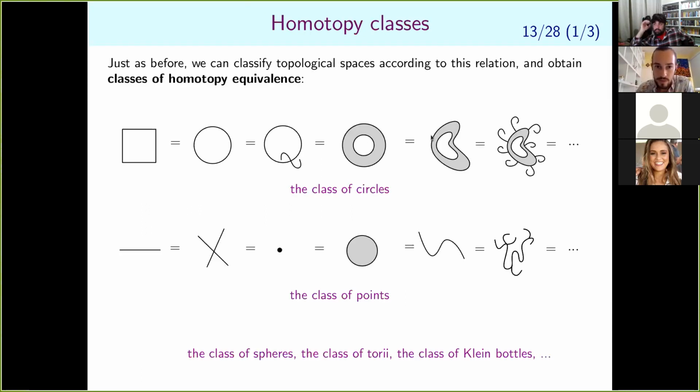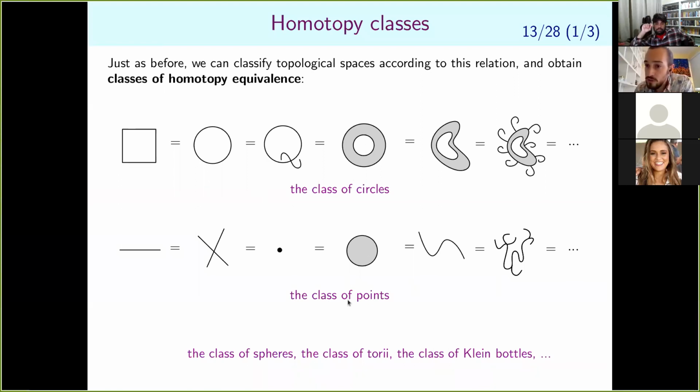All right. And we can do the same as before. We will gather topological spaces into classes, now according to the homotopy equivalence relation. And now we obtain way wider classes, because in the class of circles, we will also have all spaces that retract on the circle, so even two-dimensional spaces.